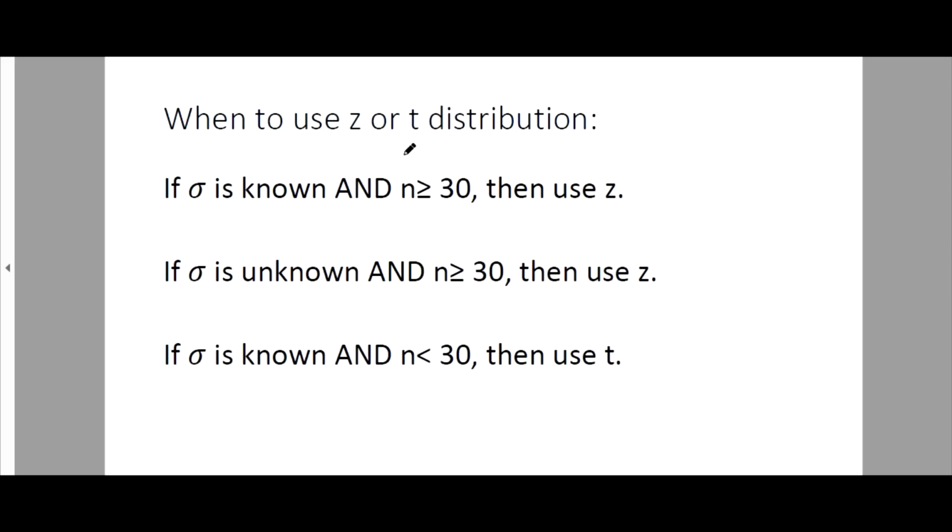So again, as a review, when to use Z or T. First, if sigma is known and n is greater than or equal to 30, then use Z. Next, if sigma, or the population standard deviation, is unknown and n is greater than or equal to 30, then use Z. Or in short, if sigma is known or n is greater than or equal to 30, then use Z. On this first one, both of them are satisfied, so use Z. And for the second one, only one is satisfied.